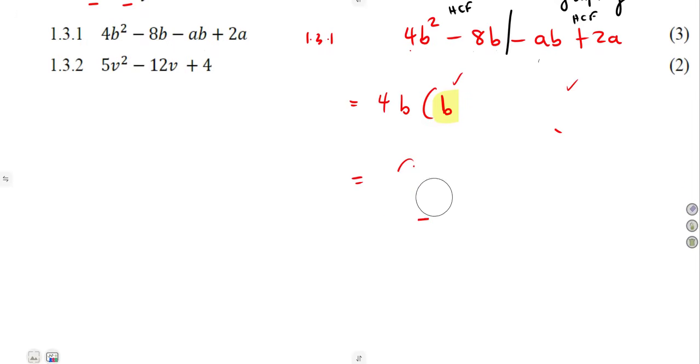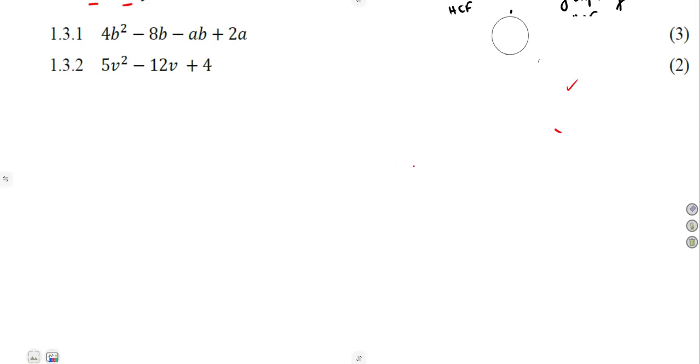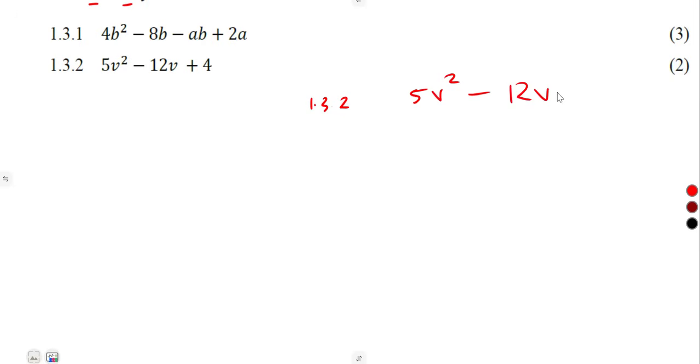There are so many ways that you can apply on your factorization of this type. 5v squared minus 12v plus 4. You just need to write the answers here if you know your answers, all right? But some of us might not know how to deal with that, and we choose to work out the longer way, applying any way that you understand. So I'm just going to use the cheat method.